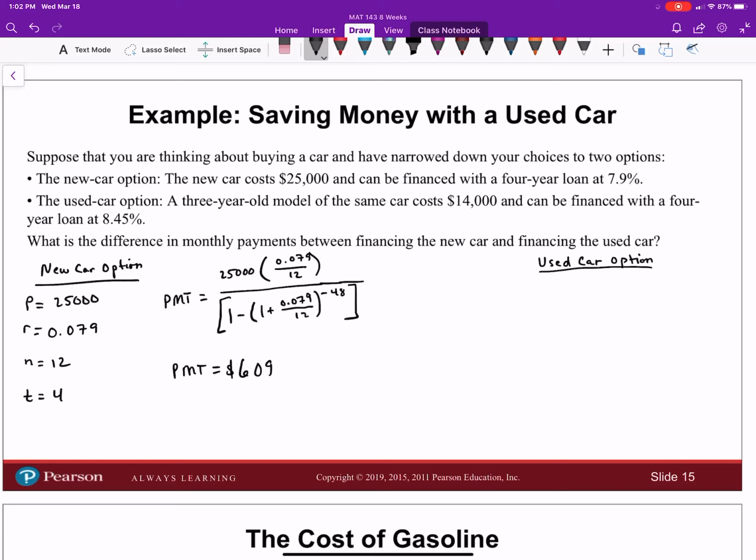So now let's look at our used car option. So we got our P, our R, our N, and our T. So our P is 14,000. Our R is 0.0845. Our N is 12 still, and our T is still 4.